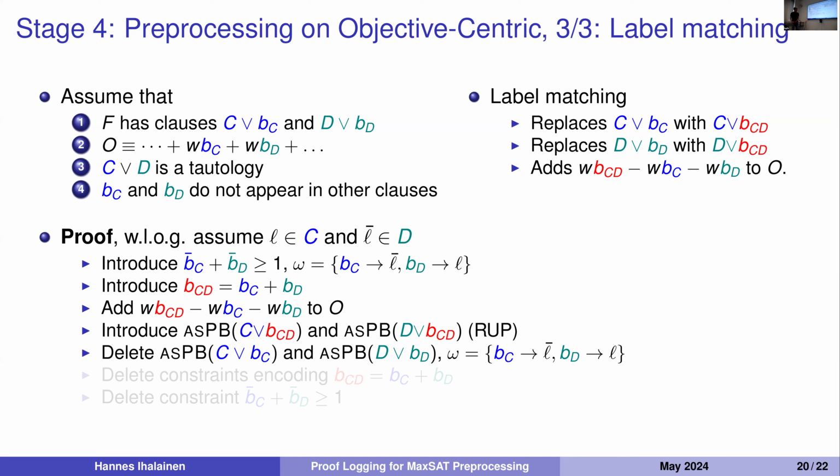Well, it actually comes from if you falsify this constraint we are deleting, then you actually would propagate BCD to 1 because we have constraint C or BCD.